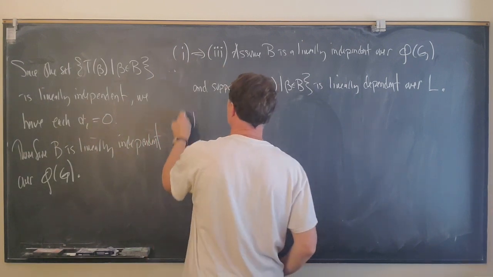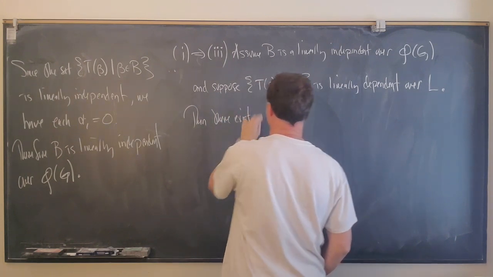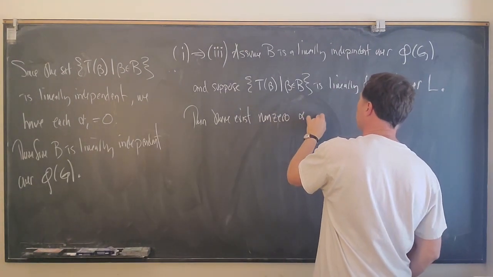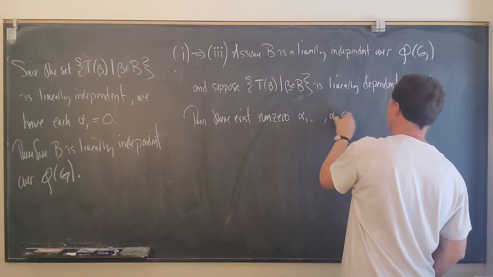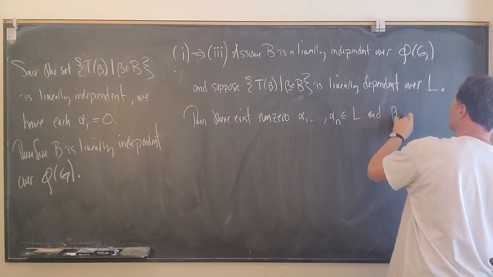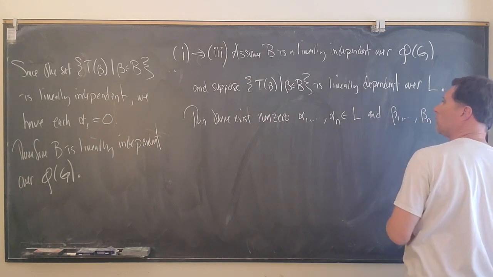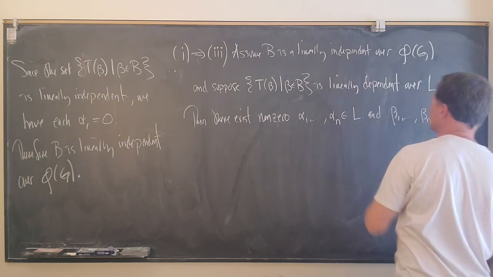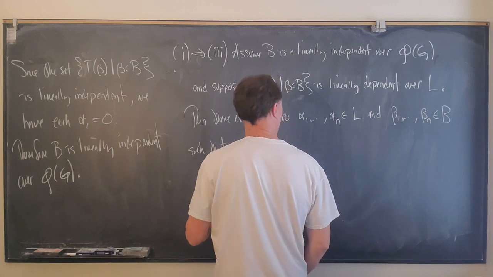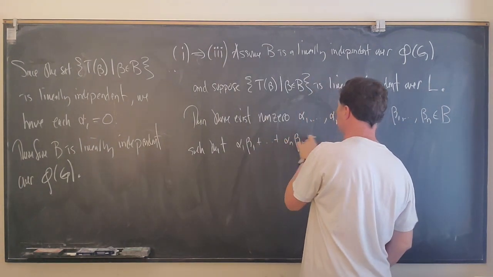So then there exist non-zero scalars, so these will be alpha 1 up through alpha n in L, and let's say beta 1 up through beta n in capital B, such that alpha 1 beta 1 plus dot dot dot plus alpha n beta n is equal to 0.